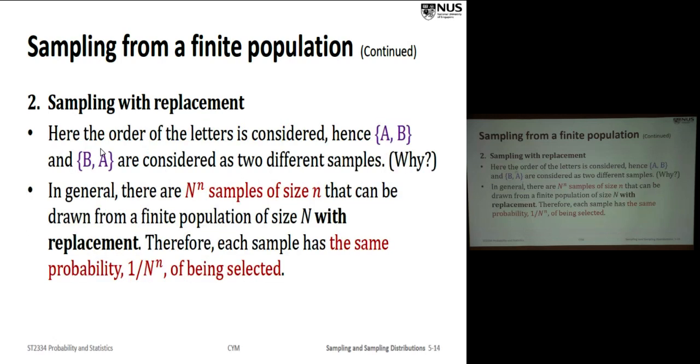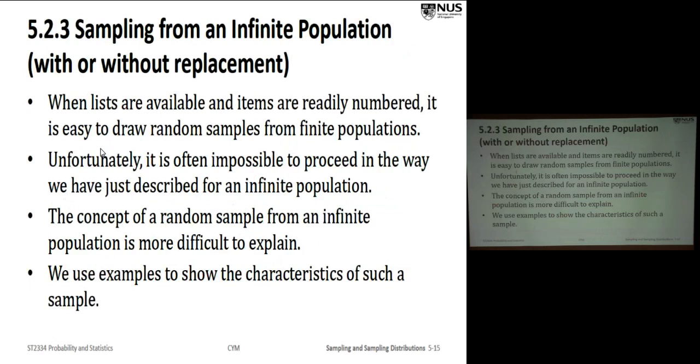In general, capital N to the little n is the number of samples of size little n that can be drawn from a finite population of size capital N with replacement. Therefore, each sample has probability 1 over capital N to the n of being selected. Okay, that's sampling from a finite population with replacement.